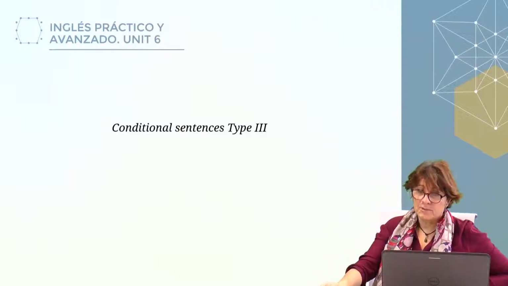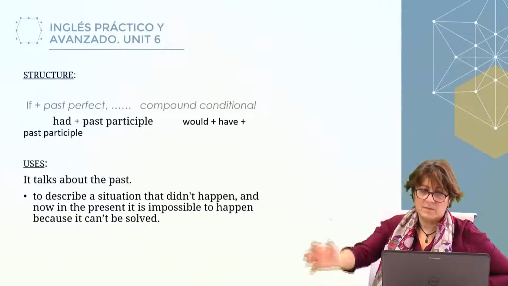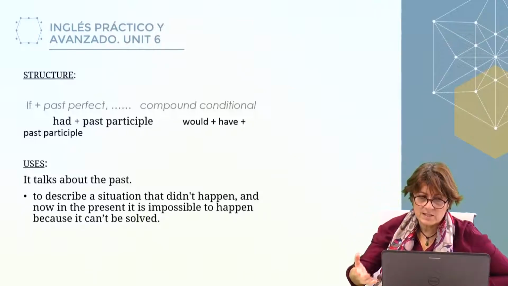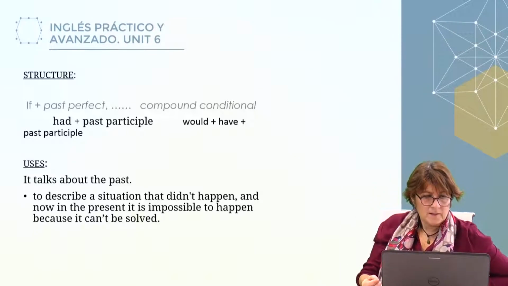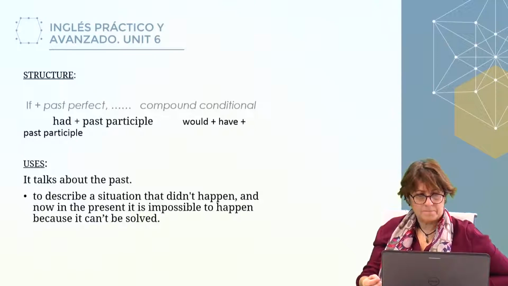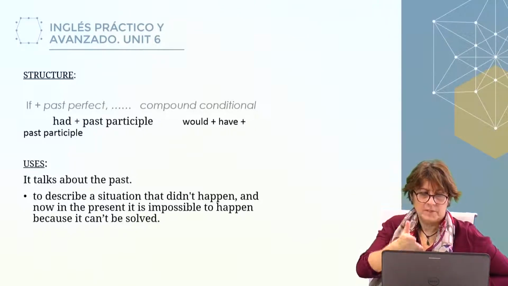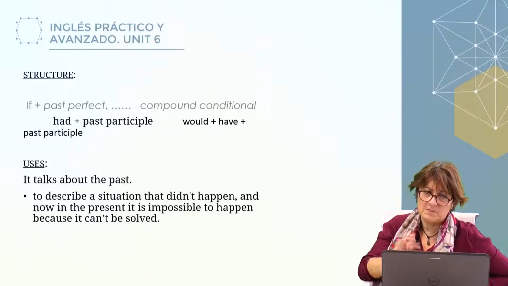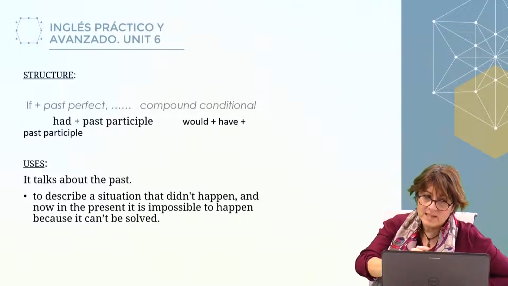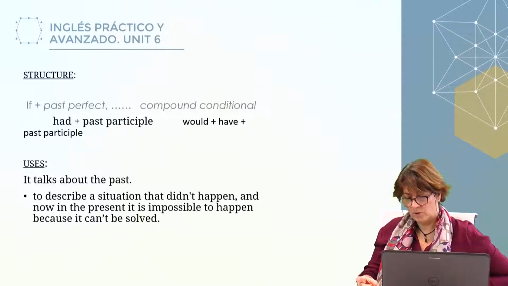So remember, this is the impossible one because it's something that you regret sometimes. The structure is if with a past perfect, for example, had done, had gone, remember, past perfect, had, but always with if, and the compound conditional.